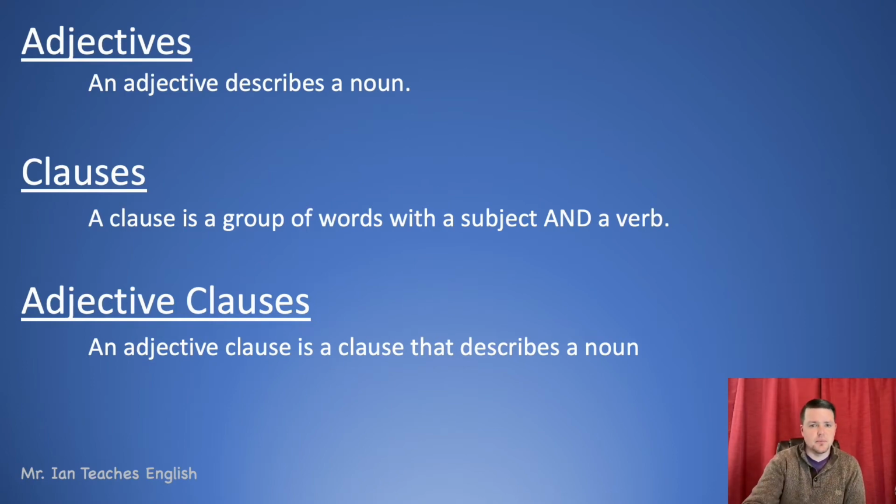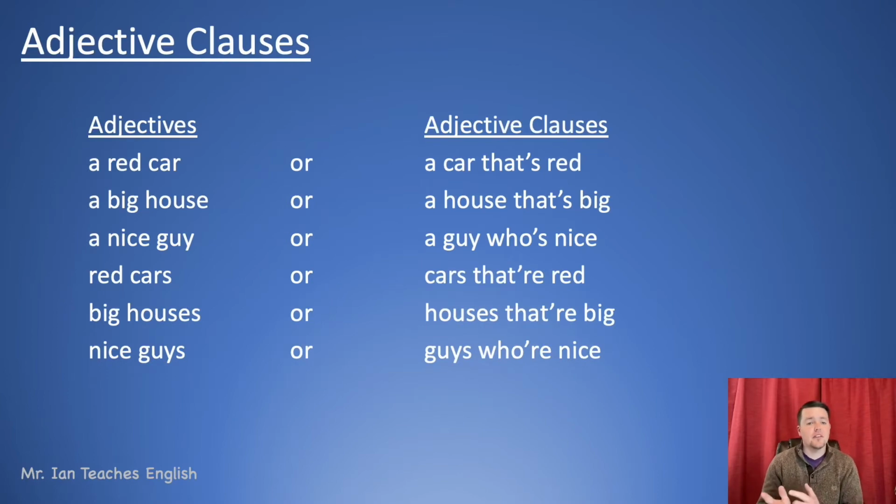Now here are some examples. On the left, you'll see just simple adjectives. Red, big, nice. Those are great. But on the right, you'll see adjective clauses. And we'll talk about how we make them in a second, but I want you to see what they look like here, and maybe you can figure out how to use them even without me telling you.